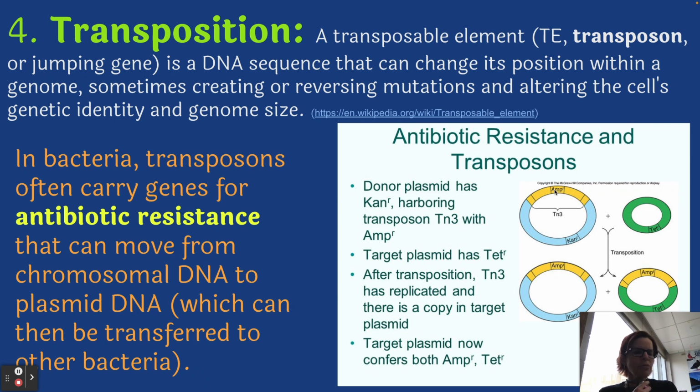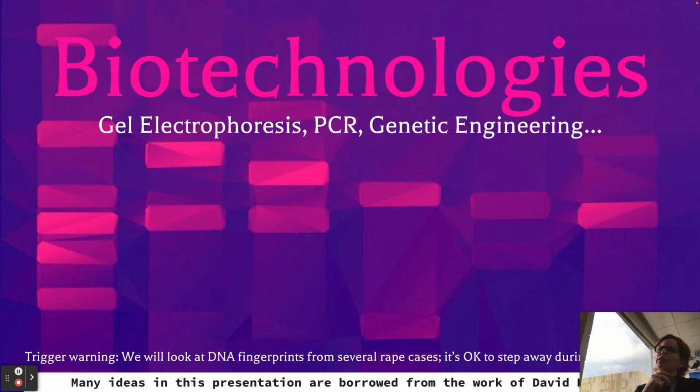Sometimes genes can jump from their main DNA to a plasmid, and then the plasmid is what gets transferred through conjugation, or maybe gets spewed out when the bacteria dies and another one sucks it up. So it's just another way. Antibiotic resistance genes are often on genes that jump. So kind of a creepy thing.